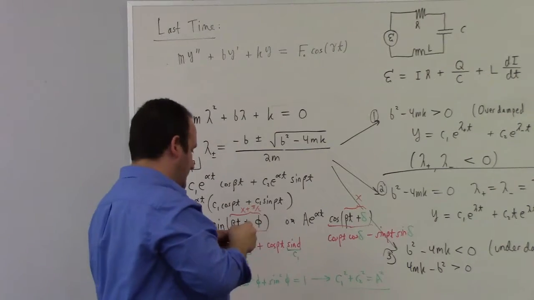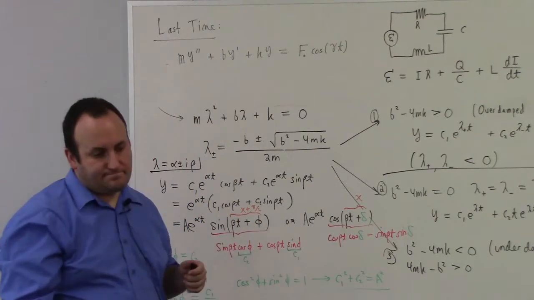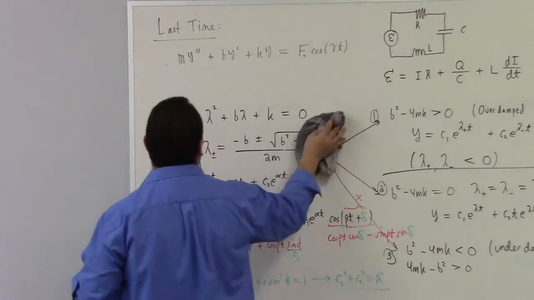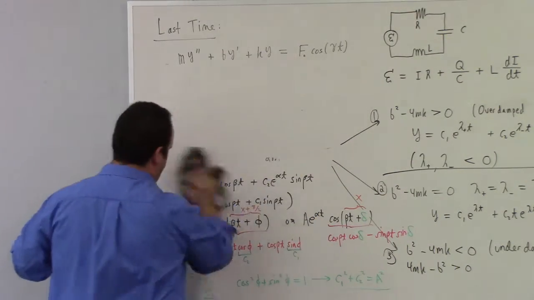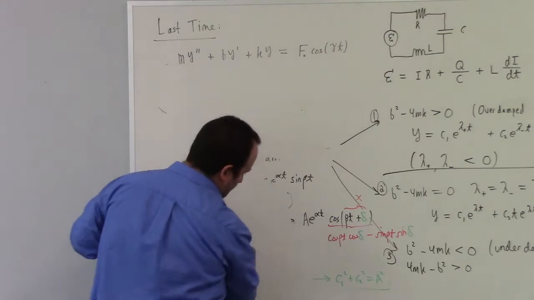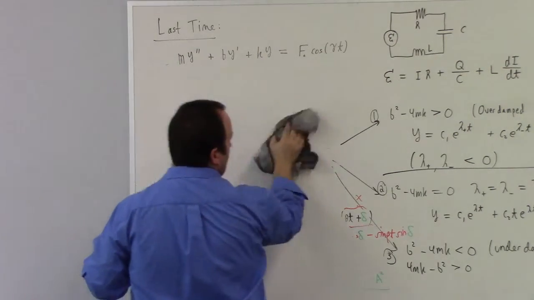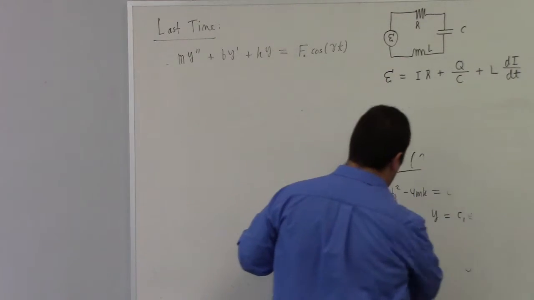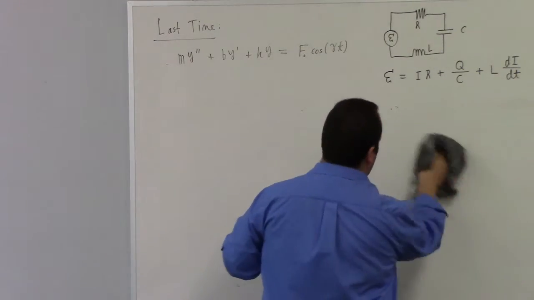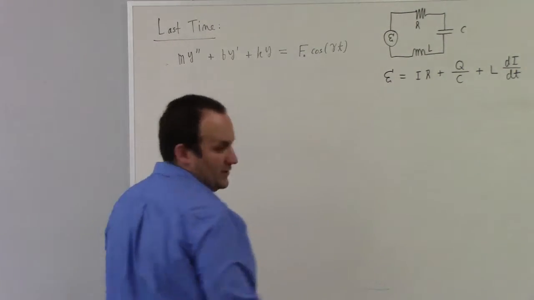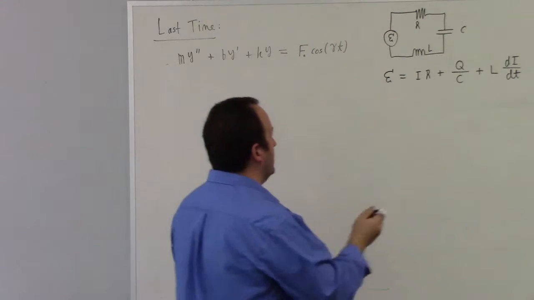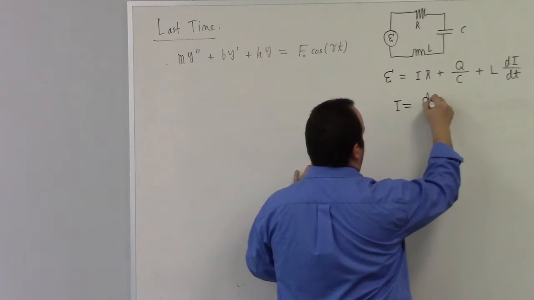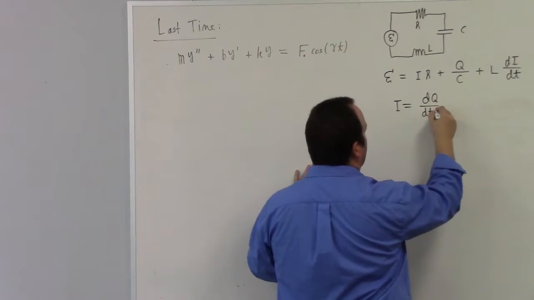All right, so get rid of this mess. So if you look at this, right, the thing is, I is the change in charge per time, right?